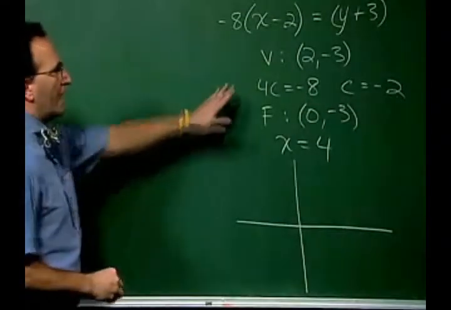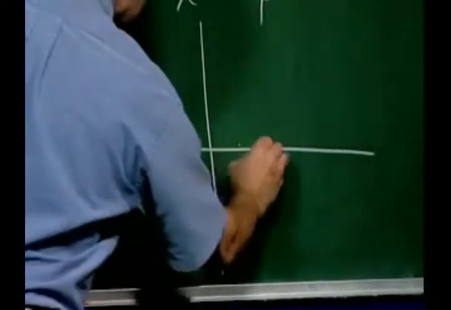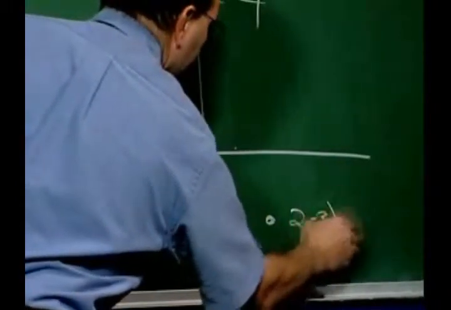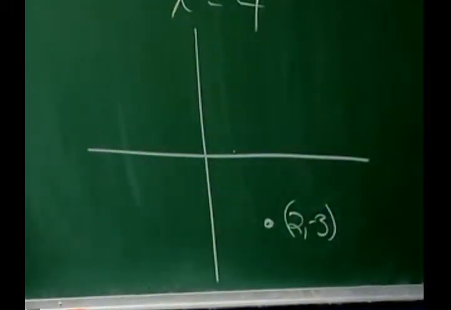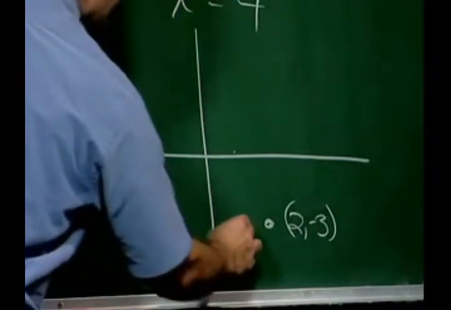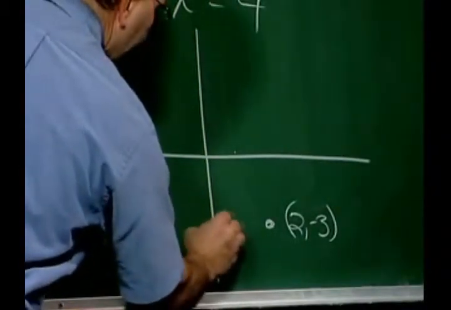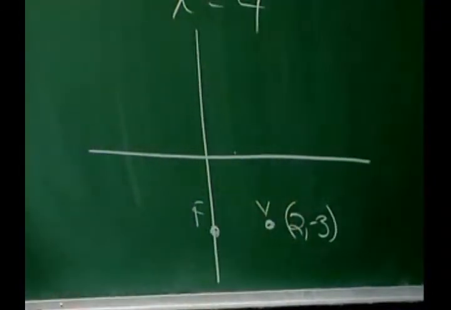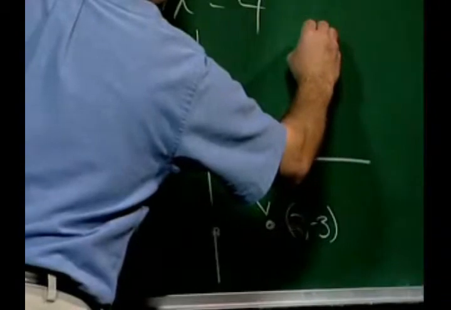And we know that the vertex is (2, −3). We know that the focus is (0, −3). The focus is here. We know the directrix is x = 4.